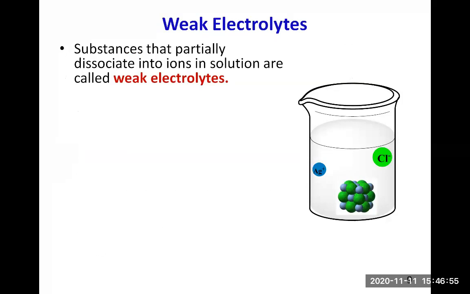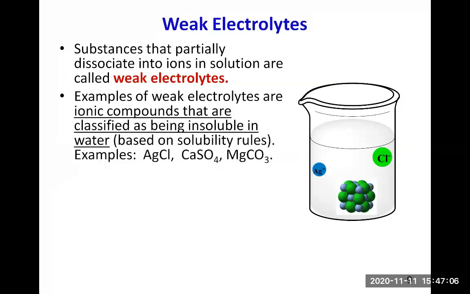So we also have what we call weak electrolytes. Those are substances that partially dissociate into ions in solution. Examples of weak electrolytes are ionic compounds that are classified as being insoluble in water based on the solubility rules. We will see them later on in this chapter. For example, AgCl, silver chloride, is considered insoluble.